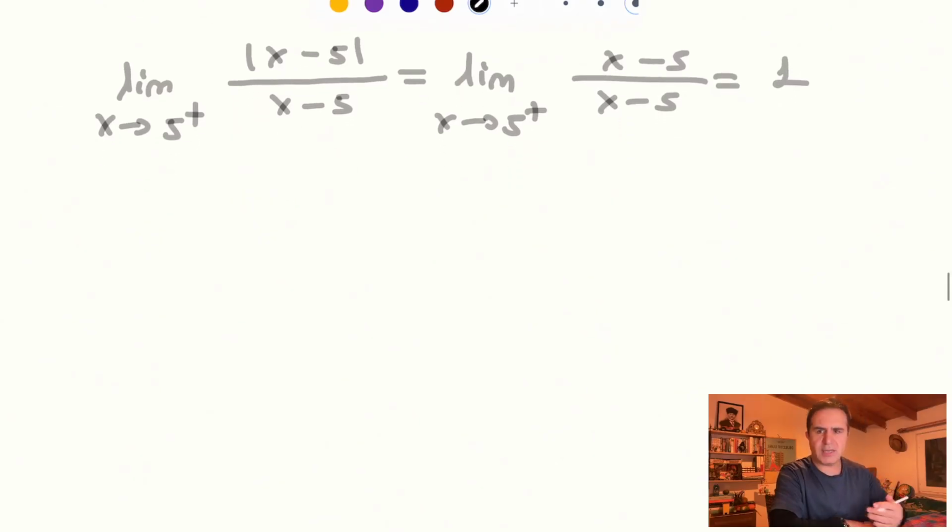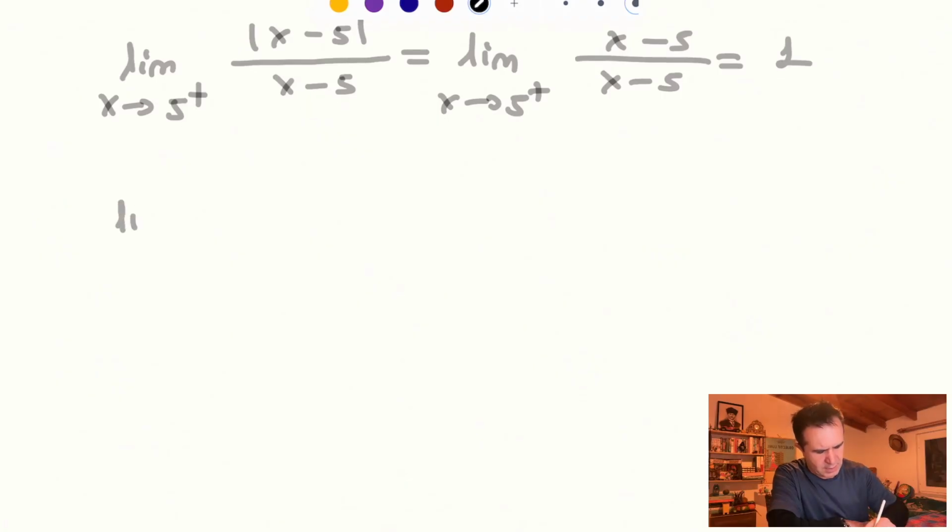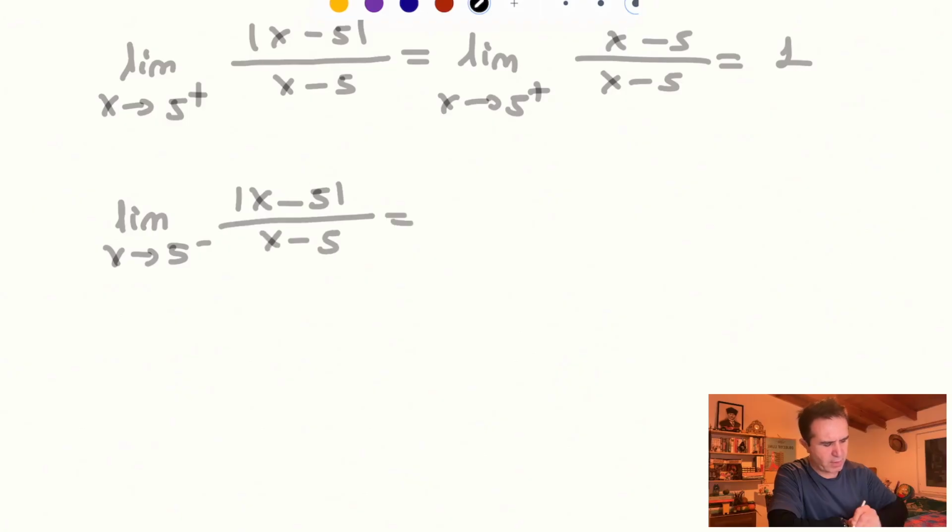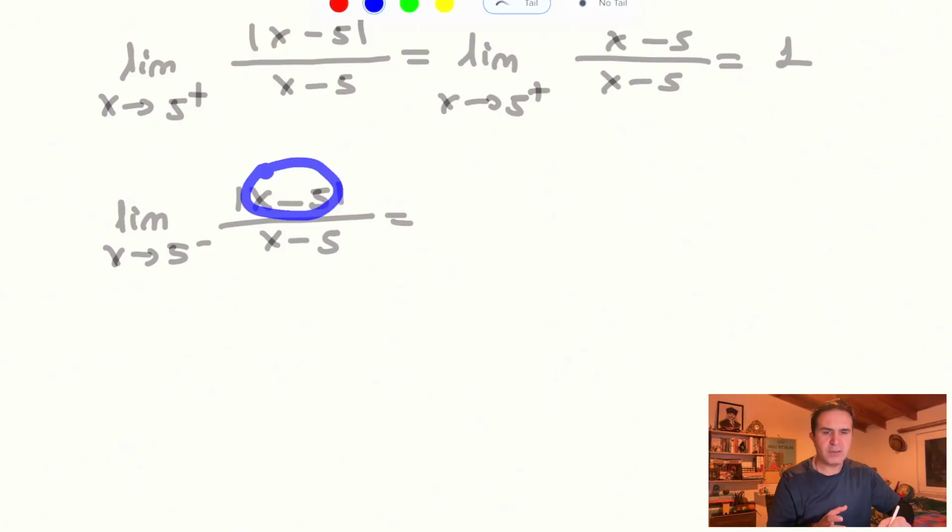Now for the left-hand limit, as x approaches 5 from the left-hand side, the absolute value of x minus 5 divided by x minus 5. To the left of 5, x minus 5 will be negative.